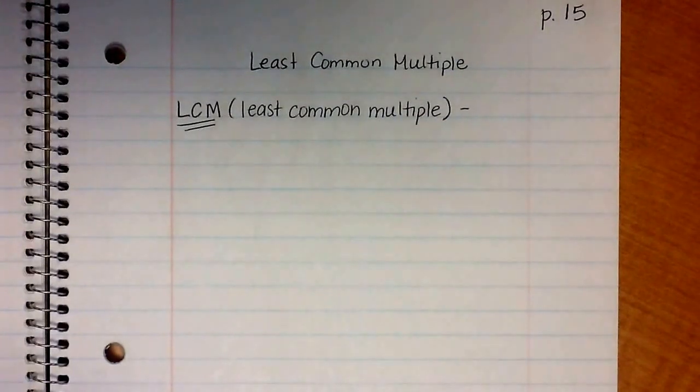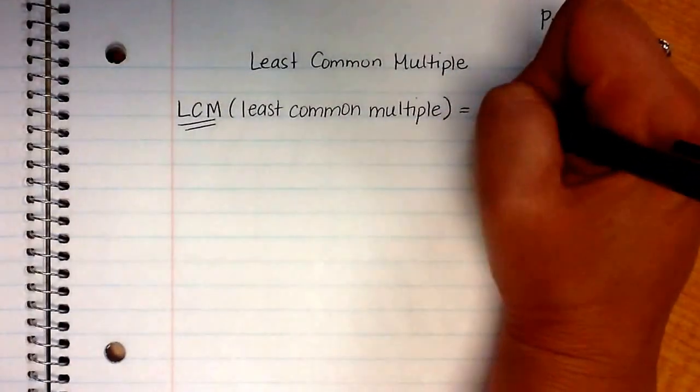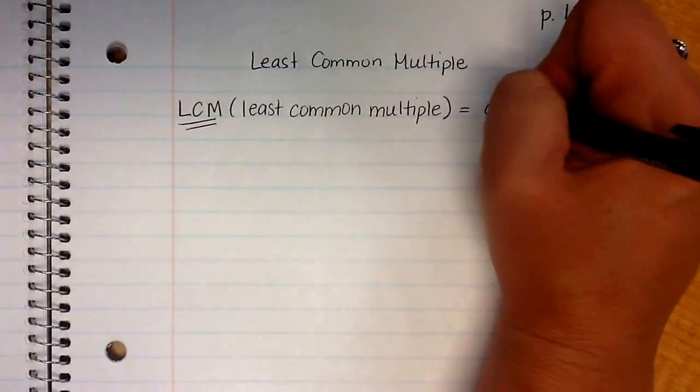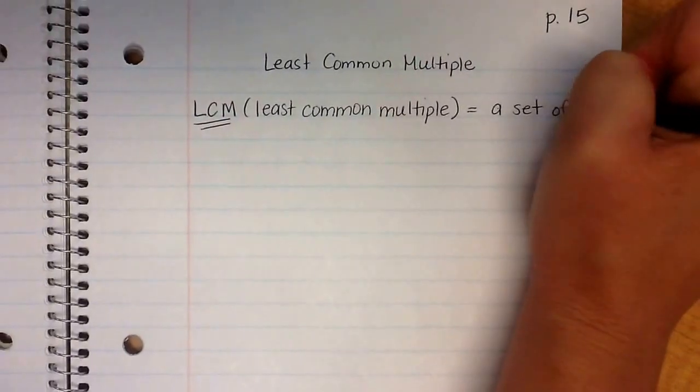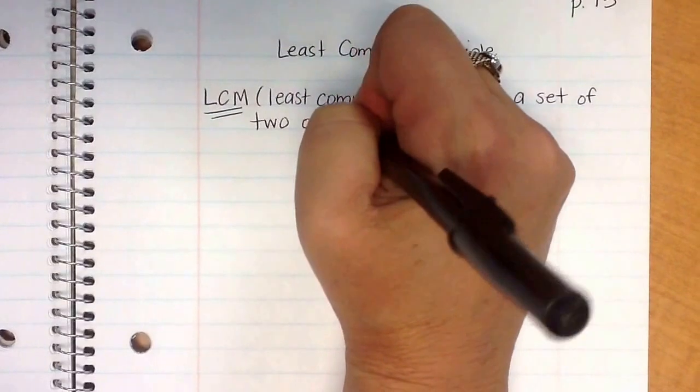So least common multiple is when you have a set of two or more numbers, could be more numbers.